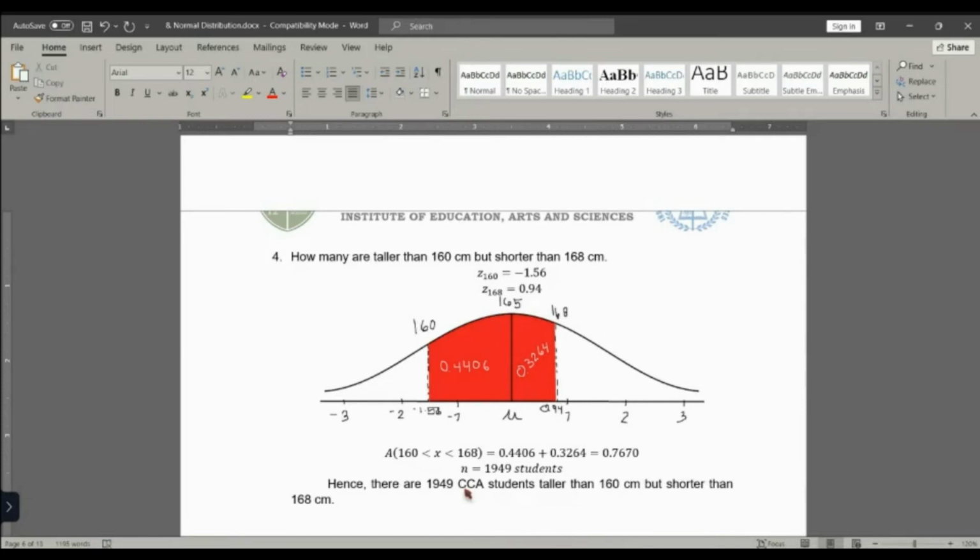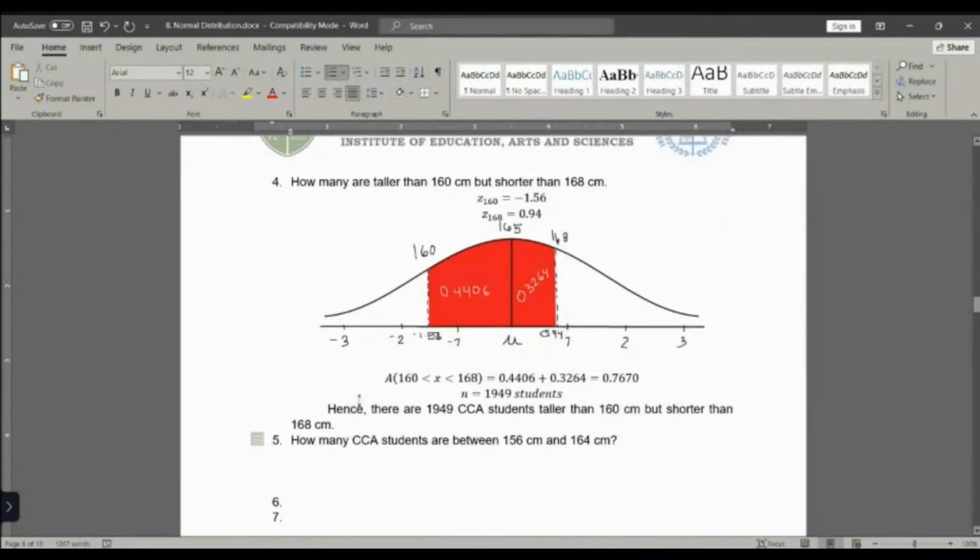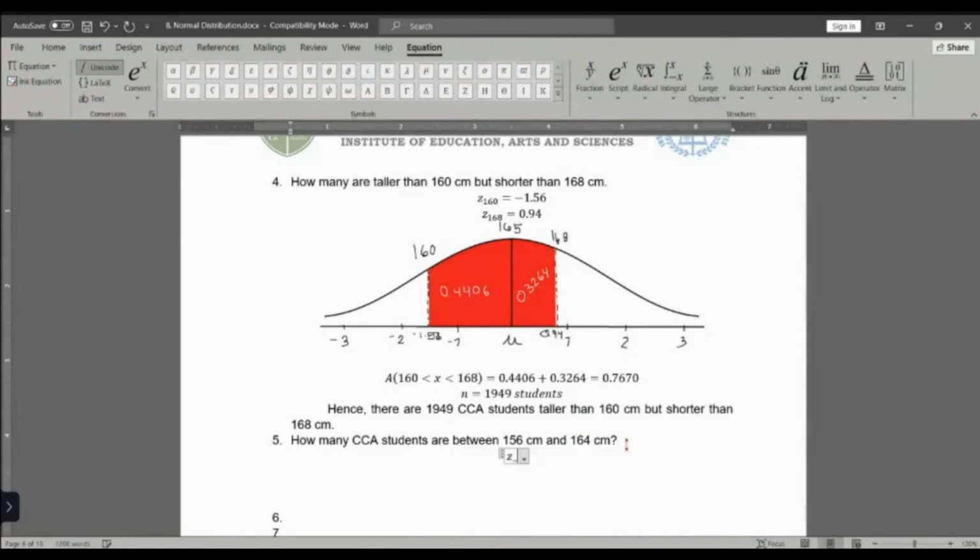And then last case, example number 5. How many CCA students are between 156 centimeters and 164 centimeters? Z-scores.